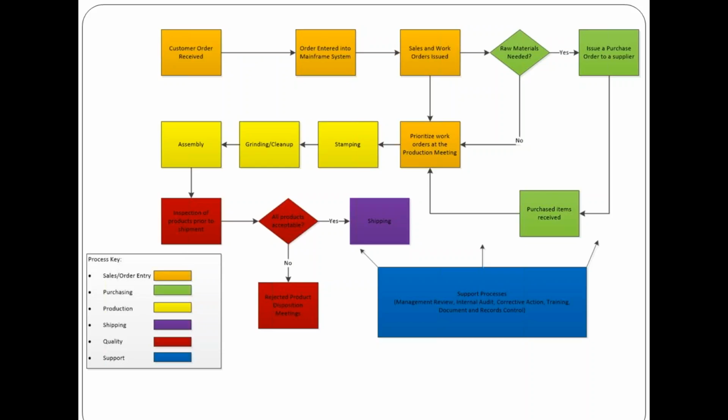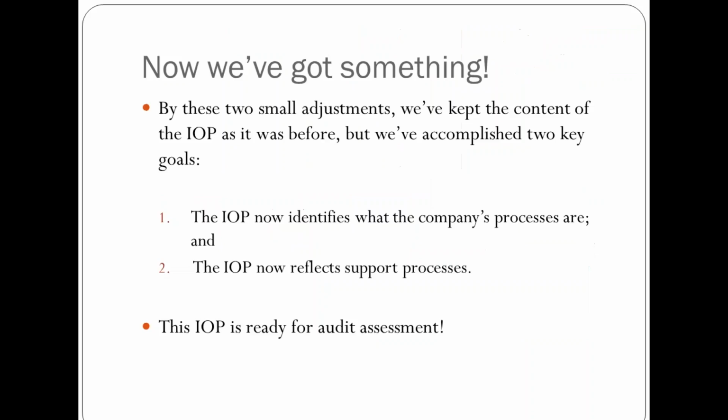Purchasing is made up of 2 steps and 1 decision. Production is made up of 3 steps, and so forth. Shipping, as it happens, is a standalone process. Support is a standalone process. But we now know what are the processes that make up this system.